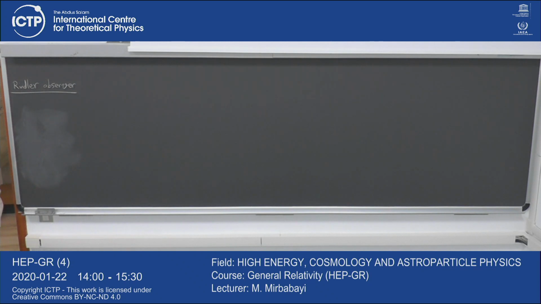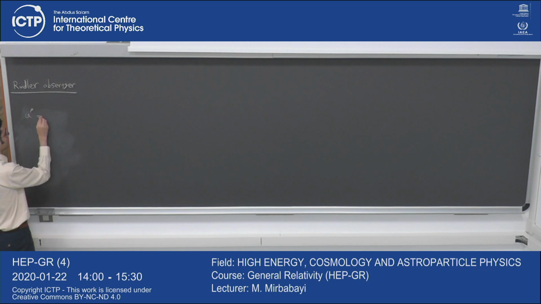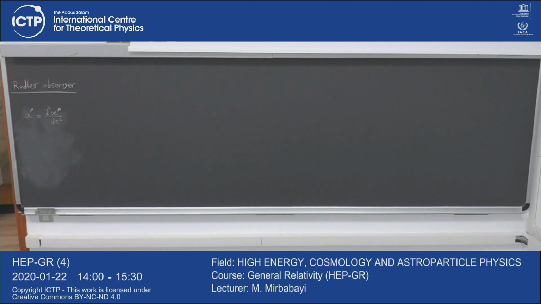So in the last lecture, we talked about force, F mu. But we also mentioned that we define four-acceleration by just dividing the force by m, the rest mass, and that is the second derivative of x mu with respect to the proper time.